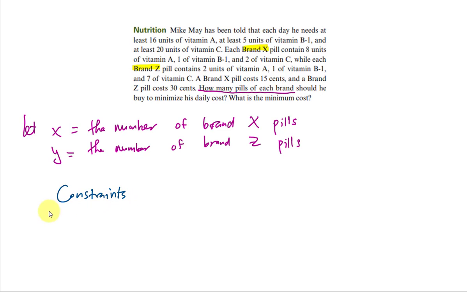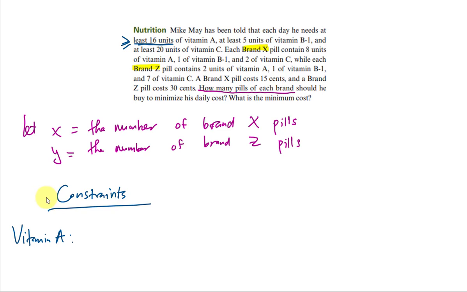The constraint imposed by the amount of vitamin A is what? This is vitamin A. He has been told that each day he needs at least 16 units. At least means bigger than or equal, right?